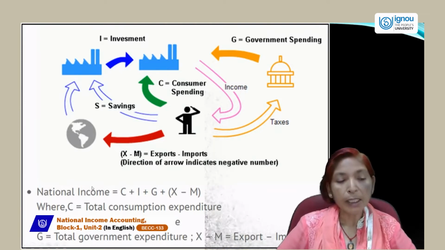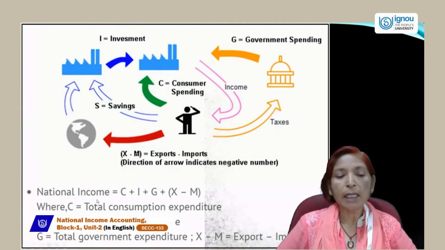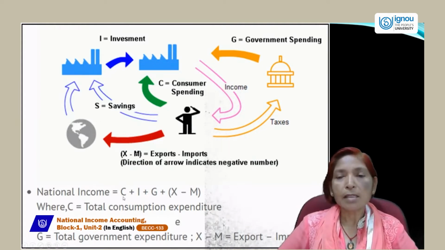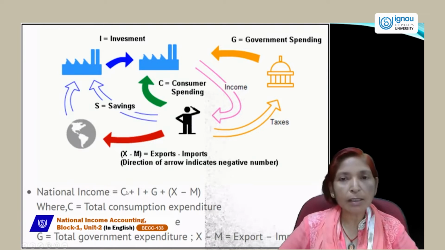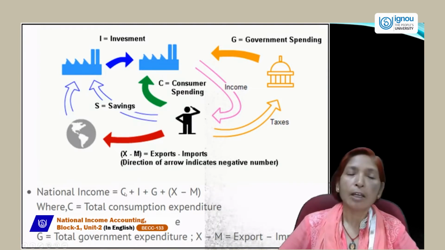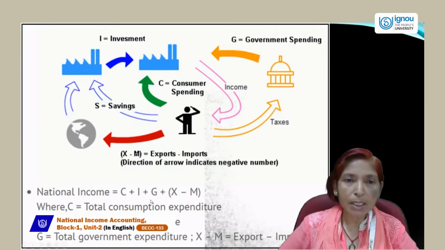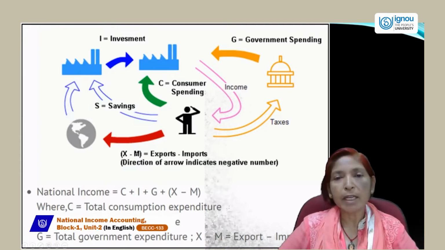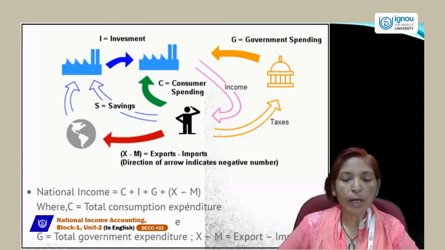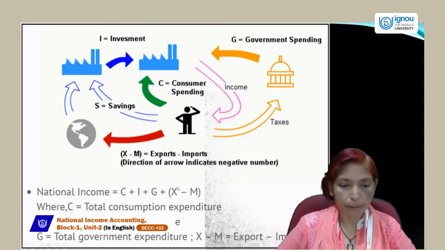Now, national income can be estimated by adding all these components: C is consumption expenditure, I is investment expenditure, G is government expenditure, and X minus M is net export, or export minus import.